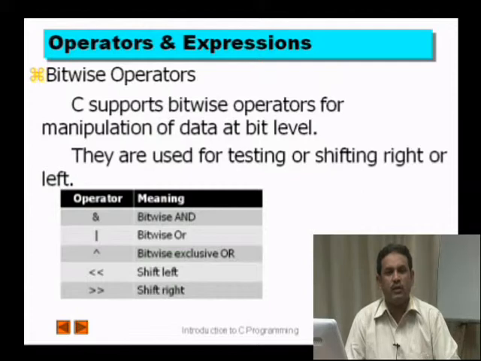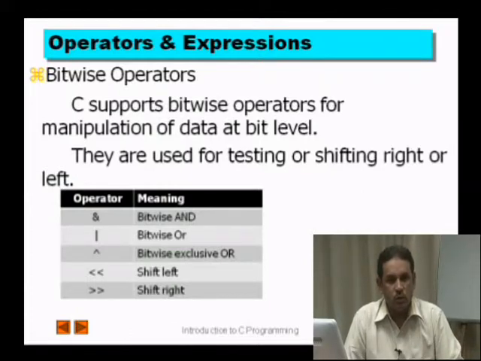When any one of the inputs is 0, the output will be 0, same case here. But the logical AND is used for comparison of 2 expressions, and this AND is for ANDing individual bits. Similarly, bitwise OR is used for ORing individual bits. Here also if any one of the bits is 1, automatically the result will be 1.